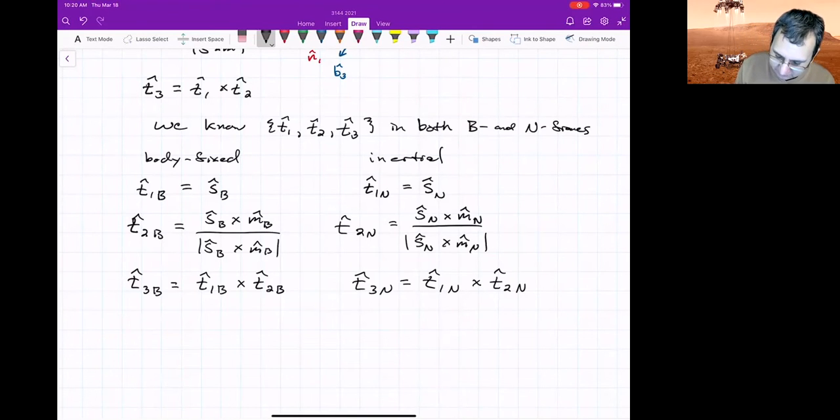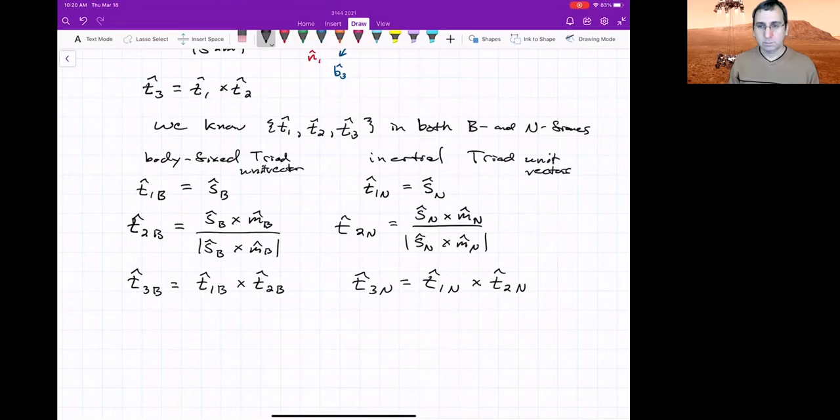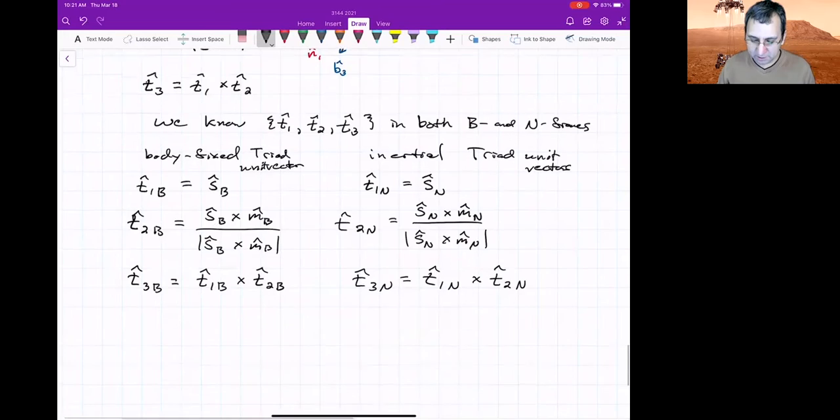So this is the body fixed triad unit vectors, and this is the inertial triad frame unit vectors. Now, in the absence of measurement errors, both sets of these triad frame representations should be the same. But of course, there will be error.